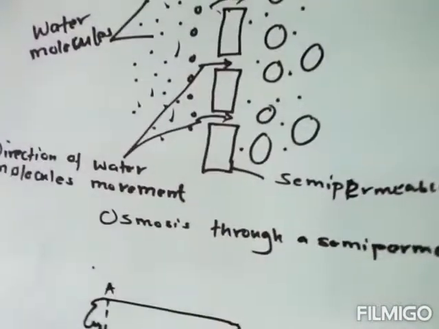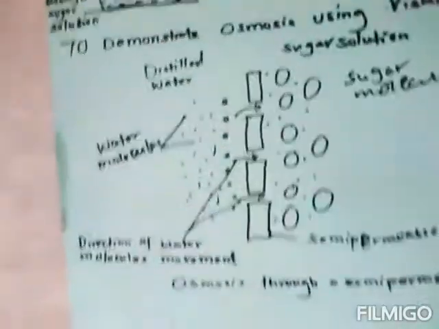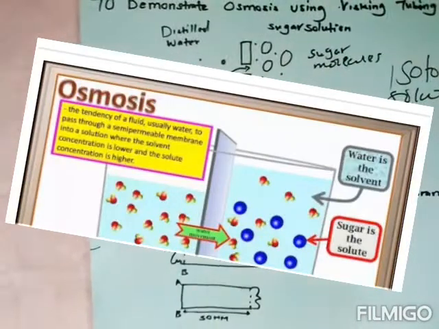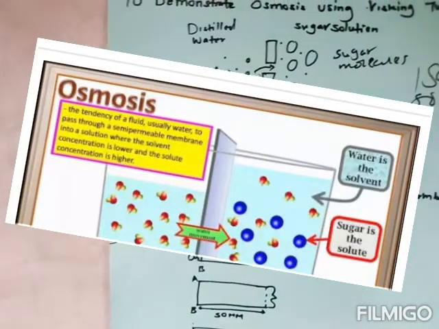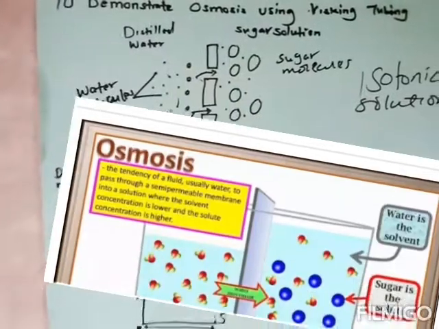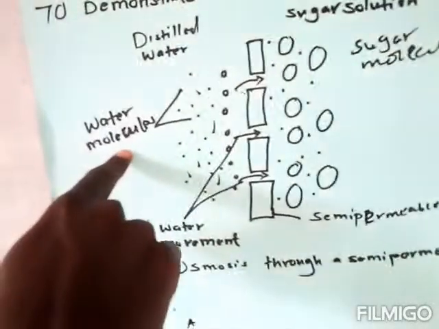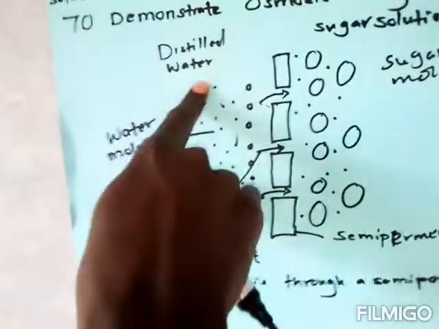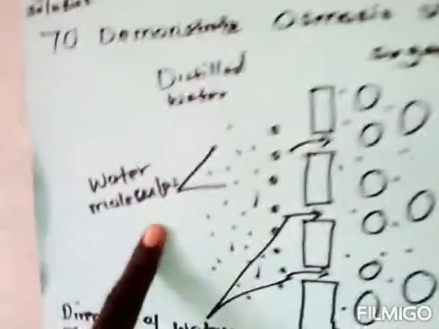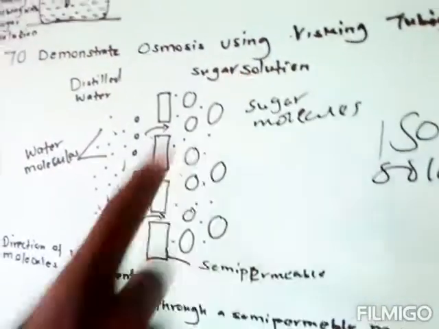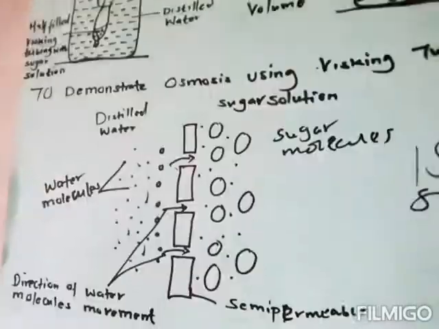Now that one leads us to another definition of osmosis. Osmosis can always be defined as a process whereby the solvent molecules, which is water, move from dilute solution to a highly concentrated solution across a semi-permeable membrane. Now, distilled water is the dilute solution, and the sugar solution is the concentrated solution.